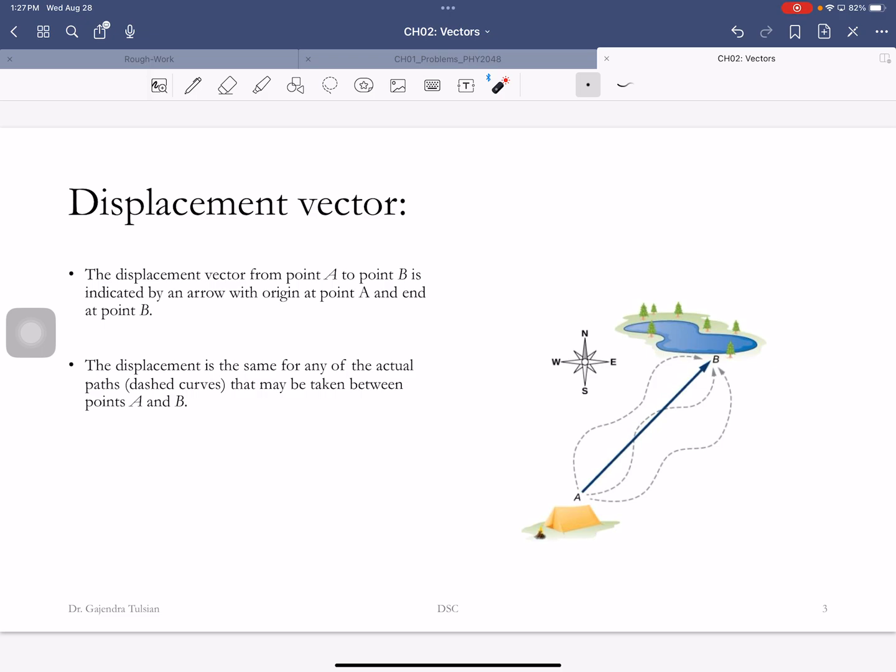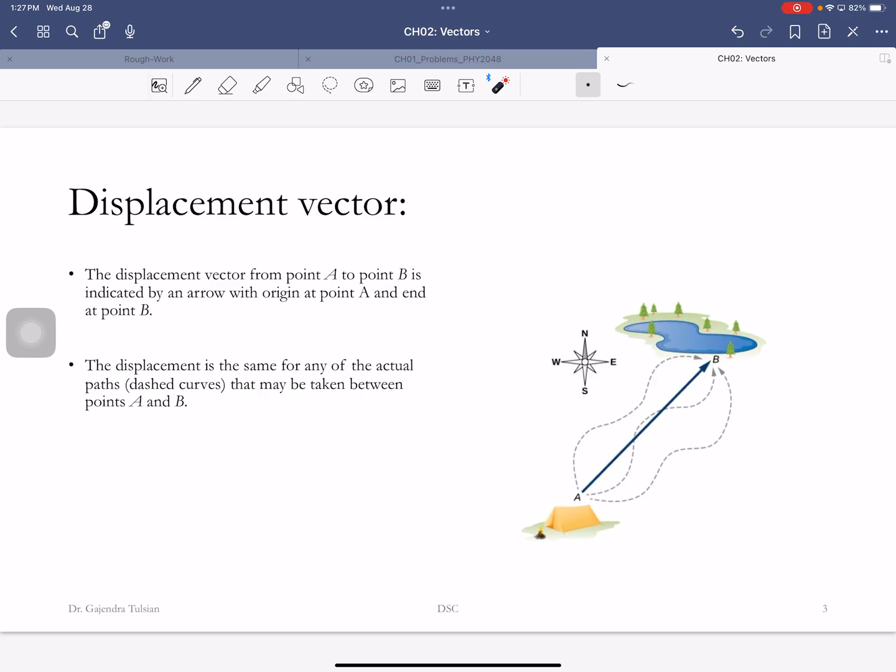So let's say you started at home, you went to the library and came back home. What's your displacement vector? 0. Okay, you have to be a little more precise. It's the 0 vector. What is the difference between 0 and the 0 vector?